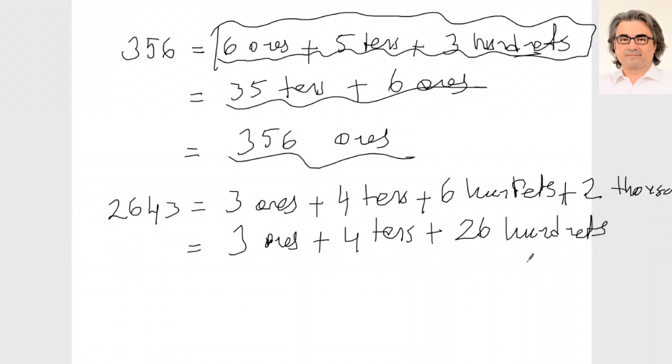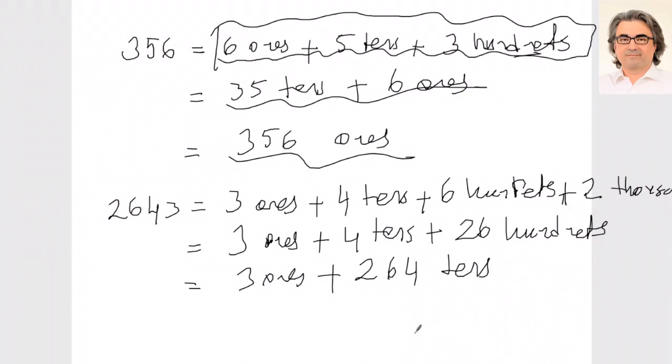Am I right? 26 hundreds mean 26 times 100. Or 3 ones plus 4 tens plus 264... no, 3 ones plus 264 tens.